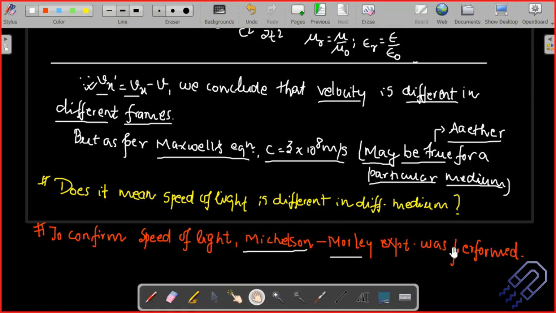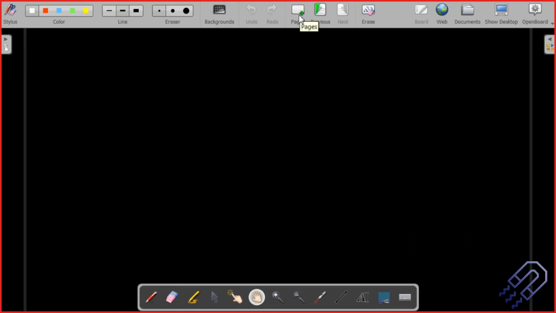So we are going to understand theoretically, after doing some derivation, how Michelson and Morley came to this conclusion that the speed of light will actually be the same in any medium that you consider. What we have to do here is write down a lot of statements. I prefer writing down those statements, but there is so much theory to write today that I would rather prefer typing it.